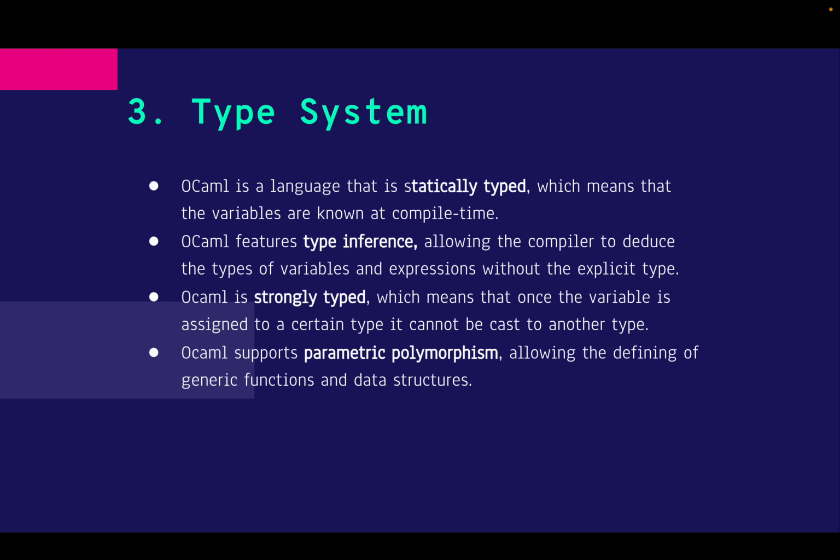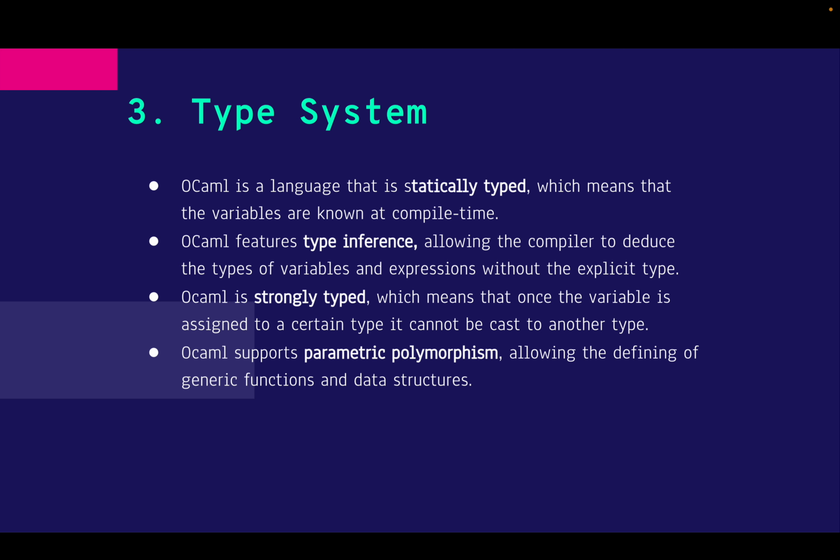So let's look at what statically typed means, which is the compiler will check for type correctness at compile time. It helps catch potential errors early in the development process, so debugging is made easier as errors won't show up when the code is fully executing.